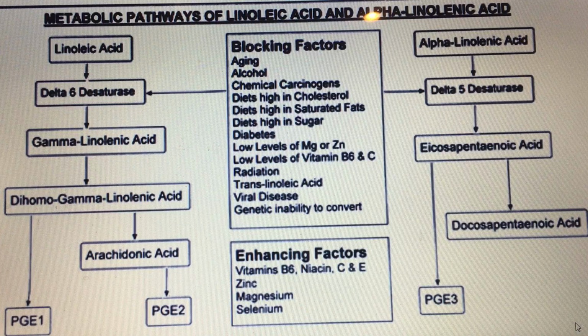The blocking factors are things that are not good: alcohol, diets high in cholesterol, saturated fats, sugars, trans fats. And the enhancing factors are things you get from good nutrition: vitamin B6, niacin, zinc, magnesium, selenium.